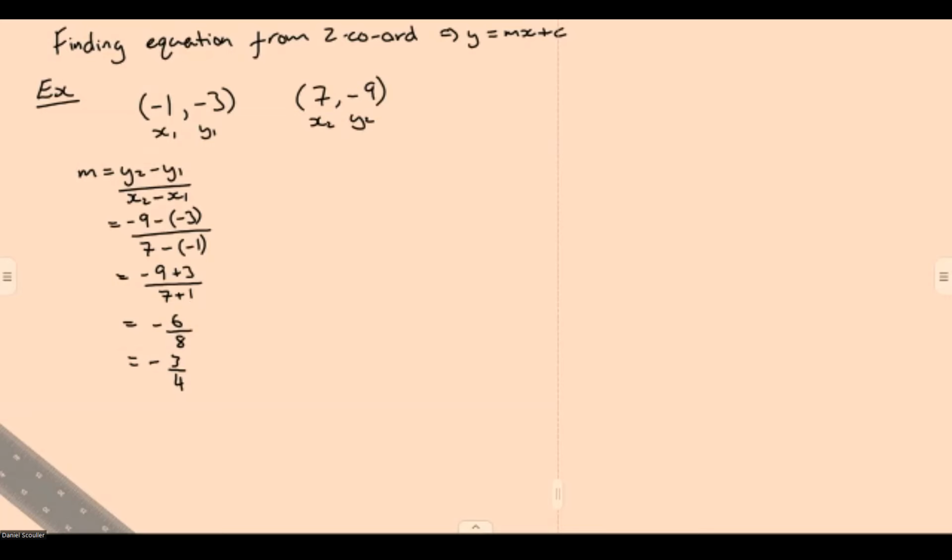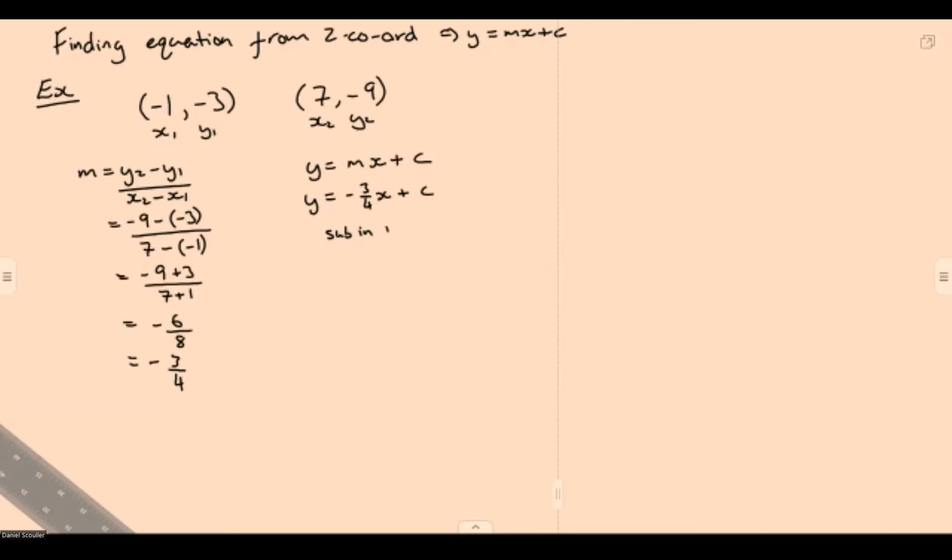Substituting that into our equation, we're going to get y equals -3/4 x plus c. Sub in one of the points. Okay, doesn't matter which one.